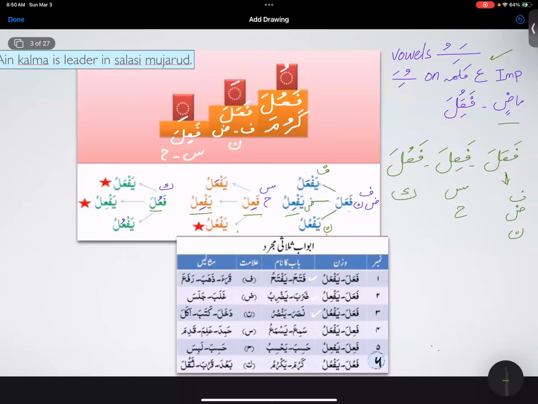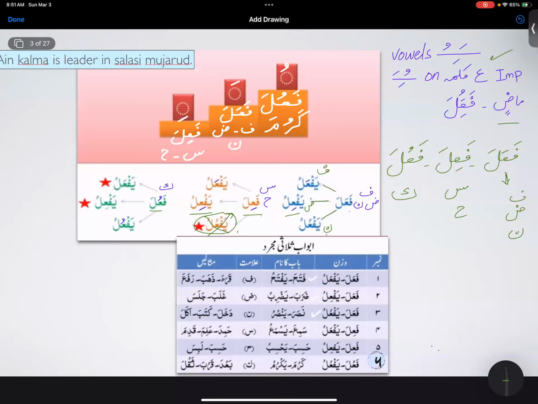But we do not find fa'ila, yaf'ulu. That was left behind, abandoned. Fa'ila didn't shake hand with yaf'ulu. So now we have two bab, two clans, from fa'ila.